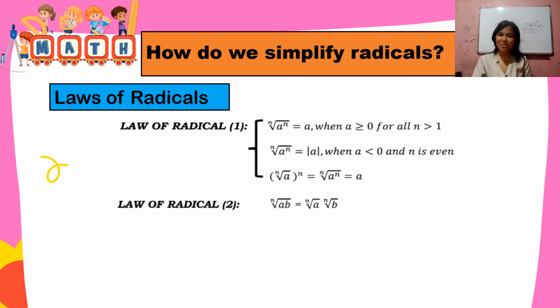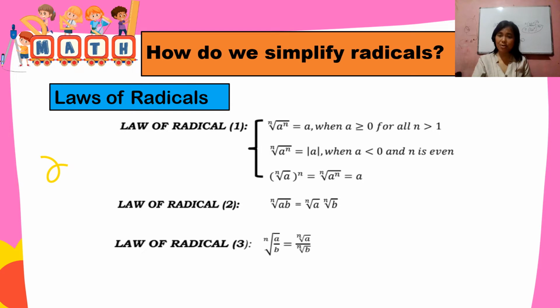Law number 2. So, pag merong dalawang variables inside the radical or the radicand, pwede natin siyang paghiwalayin. Okay? So, parang nag-factor lang tayo. Okay? Next is, yung sa denominator, pwede rin natin siyang paghiwalayin.